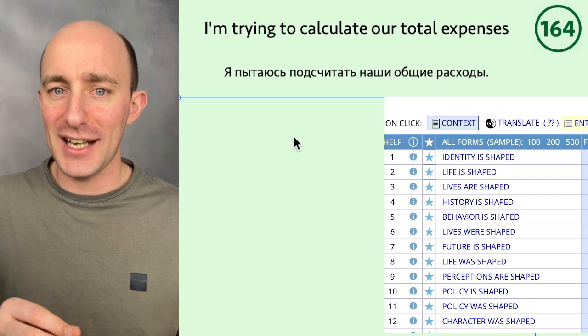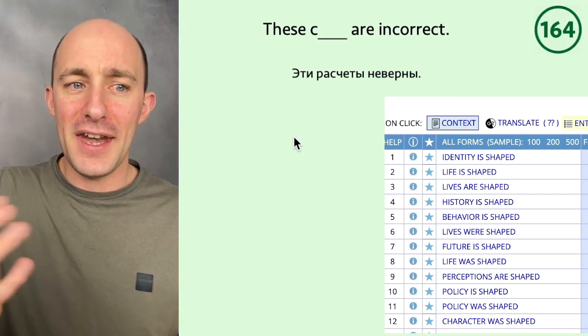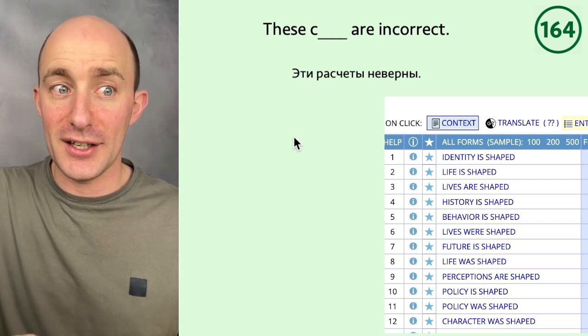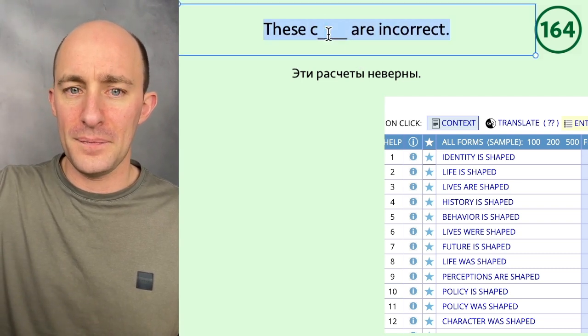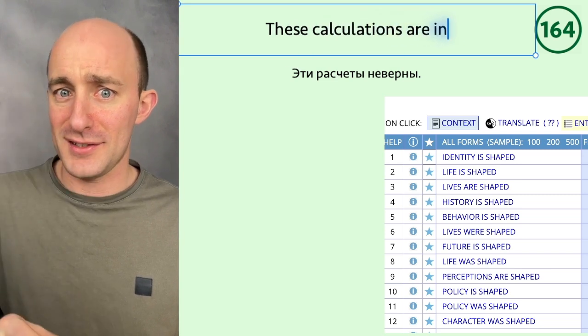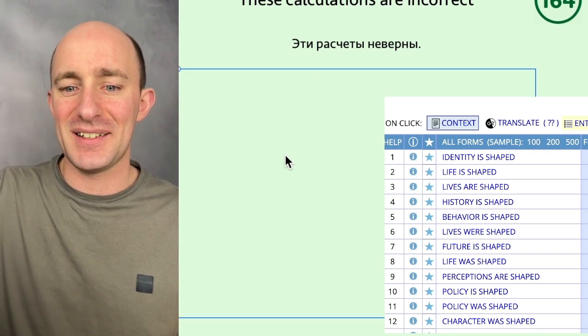Calculators calculate things. And the noun, when we calculate things, we get calculations. These calculations are incorrect. So, calculations.